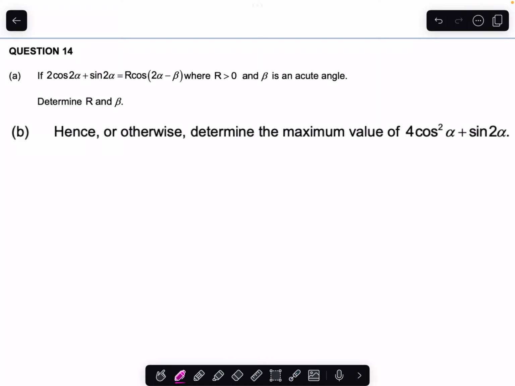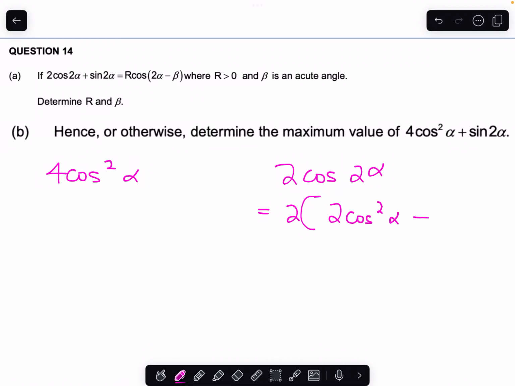So let's just see here. 4 cos squared alpha, and let's see, 2 cos 2 alpha. So 2 cos 2 alpha is the same as 2 cos squared alpha minus 1. I'm not using the one involving the sine because ultimately I want to draw a bridge between these two. So having the sine is just going to mess me up.